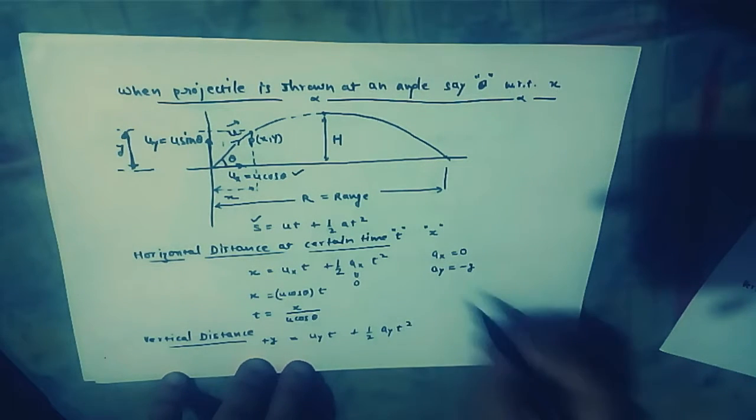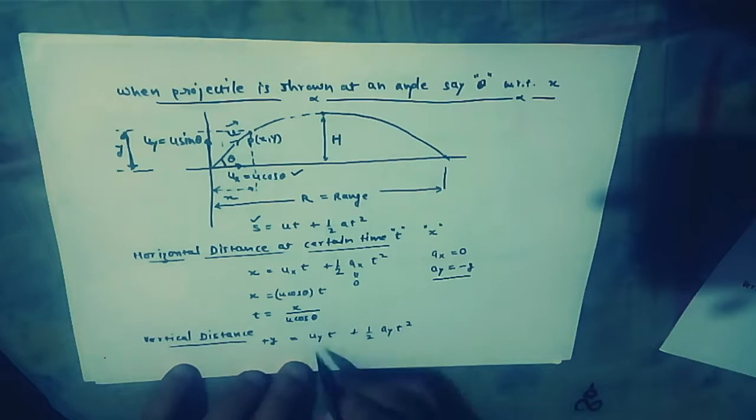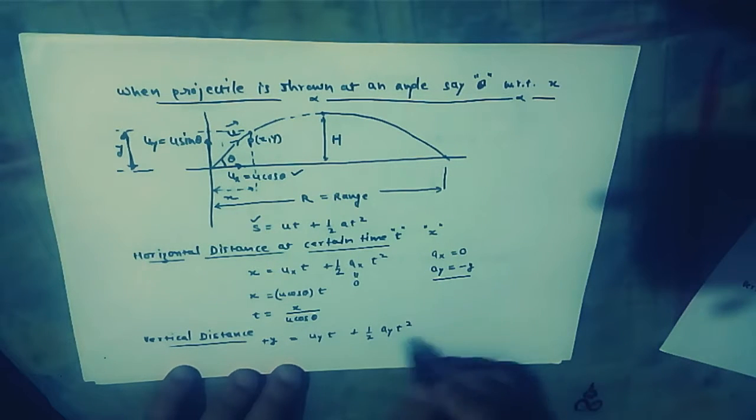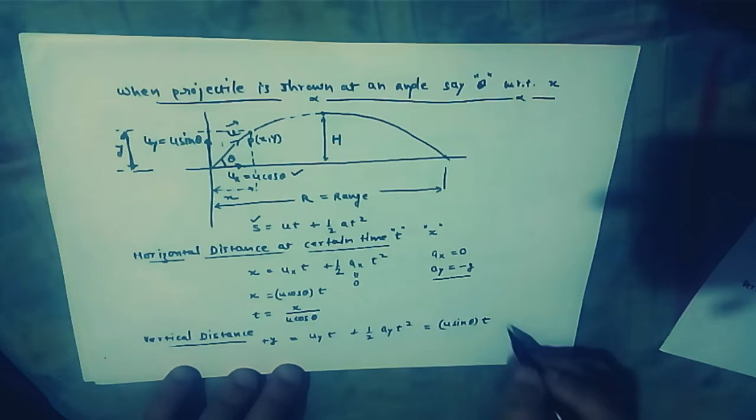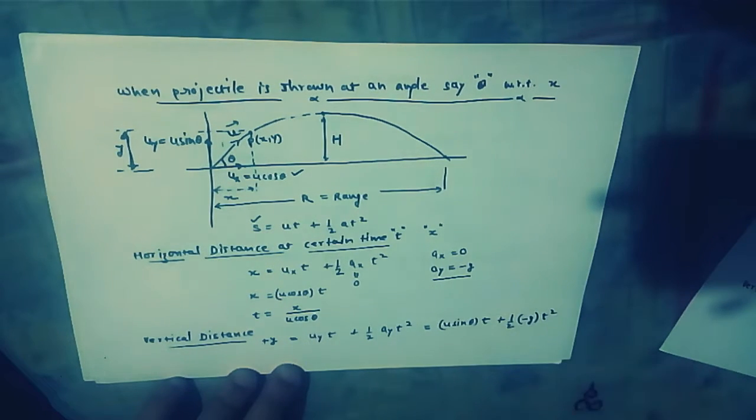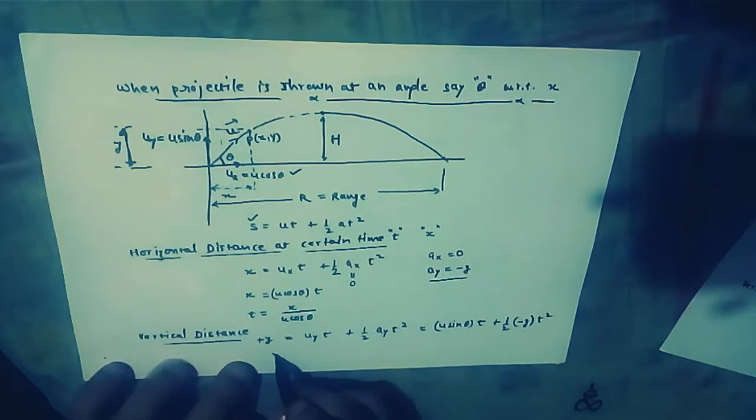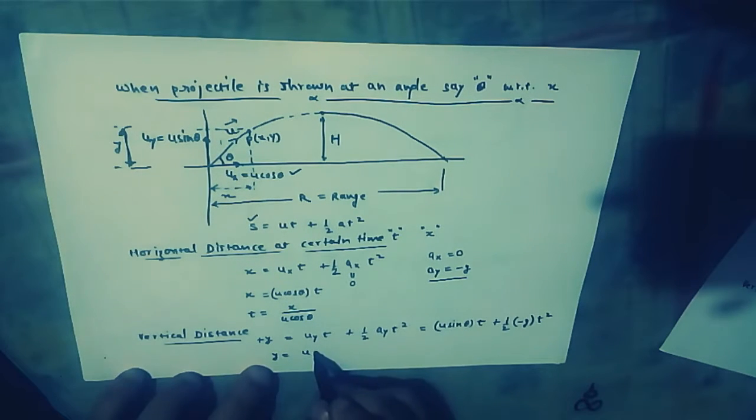Here ay is minus g, and uy is u sin theta. So y is u sin theta t minus half g t square.